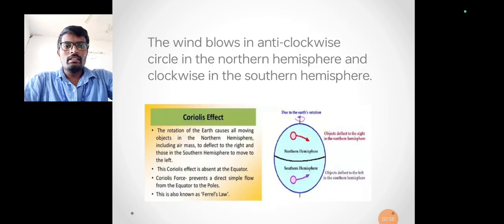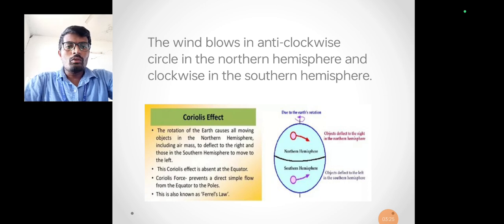The wind blows anti-clockwise in the northern hemisphere and clockwise in the southern hemisphere. In the image, the earth is shown in an oblate spheroid shape. The red color represents the northern hemisphere, and the blue or violet color represents the southern hemisphere.